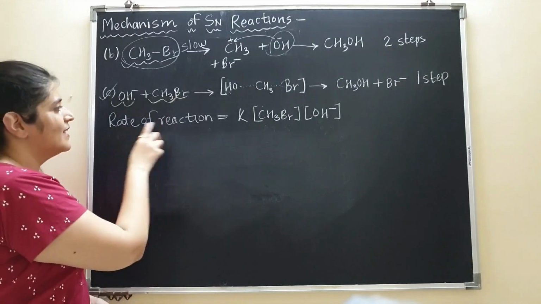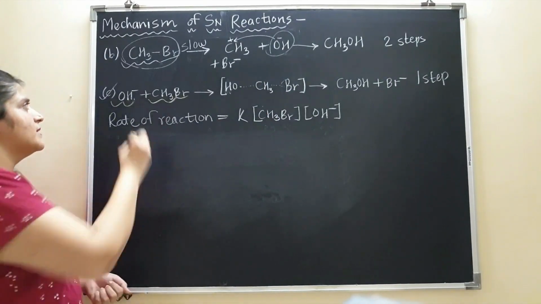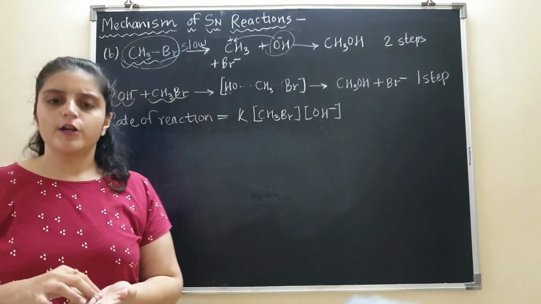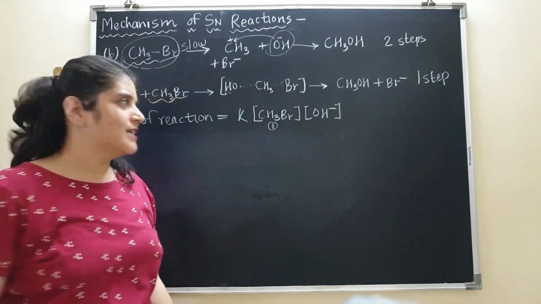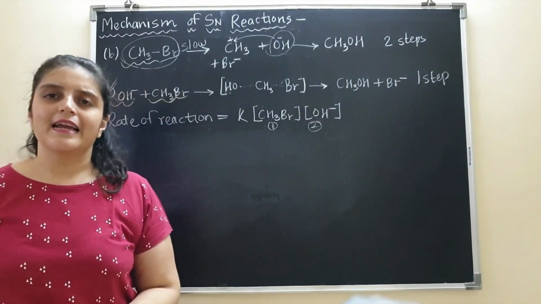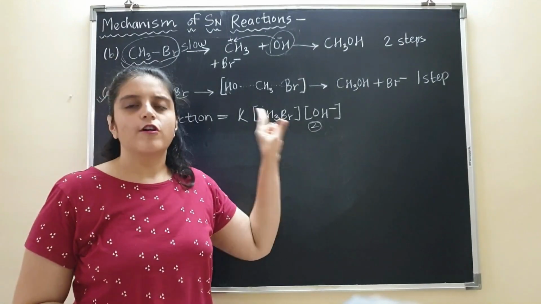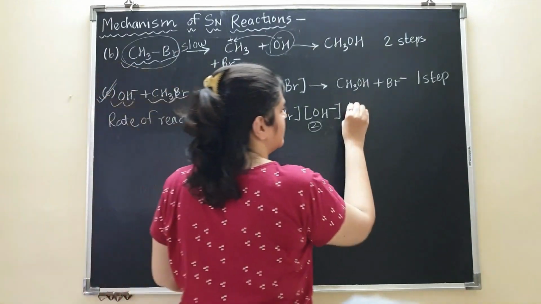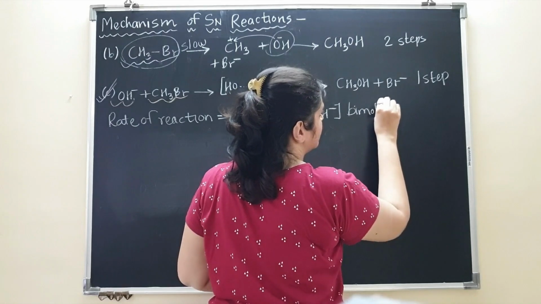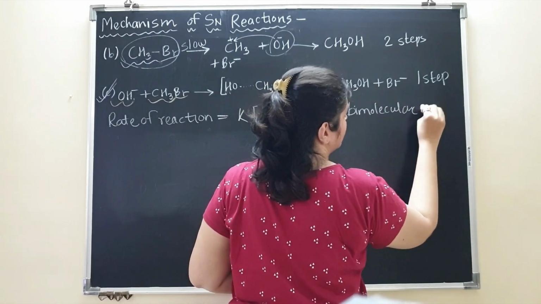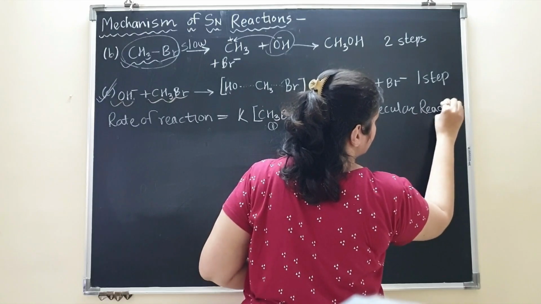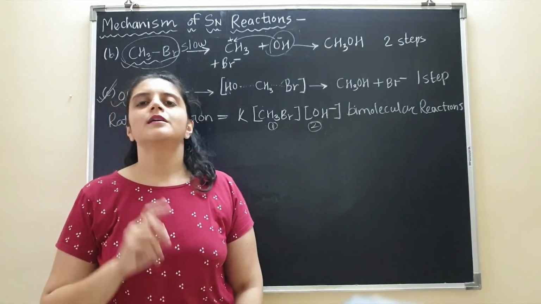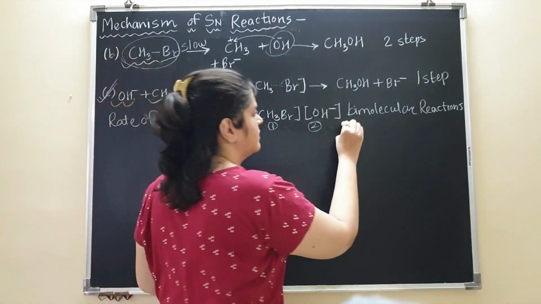So therefore we can say that rate of the reaction takes place by this mechanism. Now we can say that the rate of the reaction depends upon two molecules. This is the first molecule CH3Br and this is the second molecule OH minus. So therefore such reactions are called as bimolecular reactions. उसको हम ऐसे भी बोलते हैं that reaction follows second order kinetics.